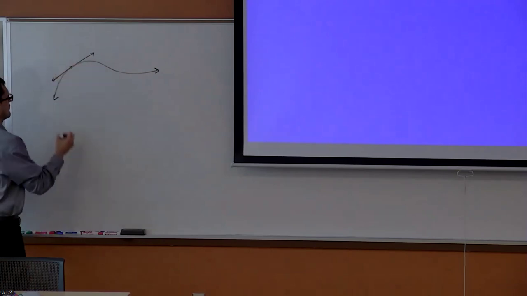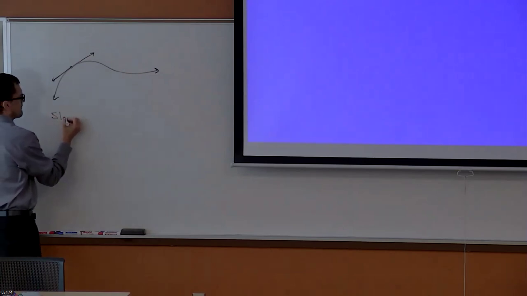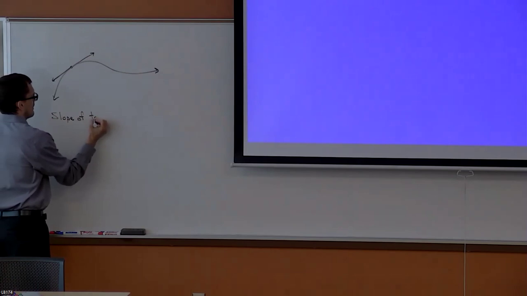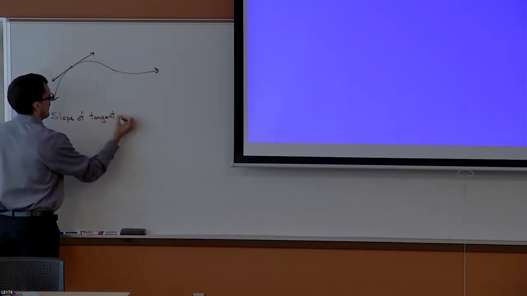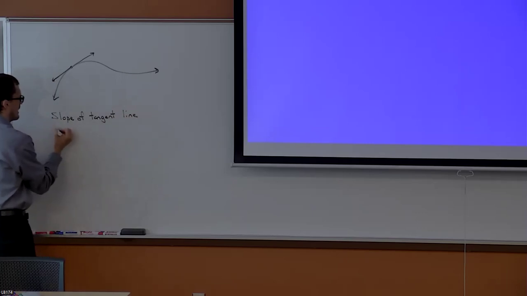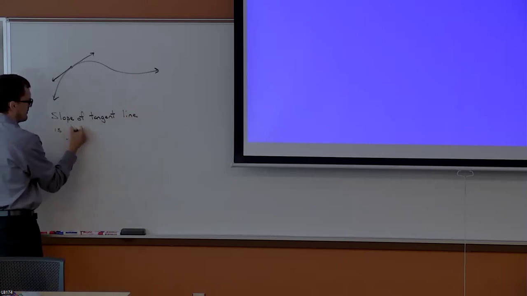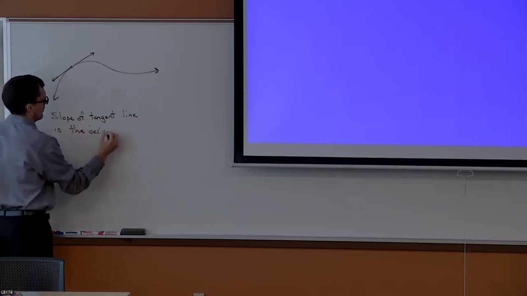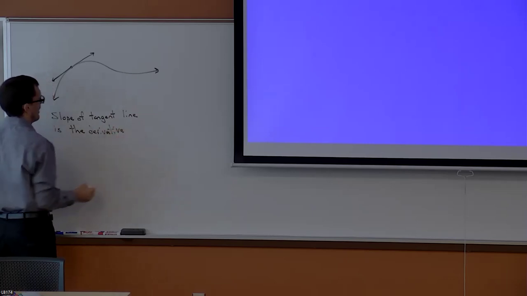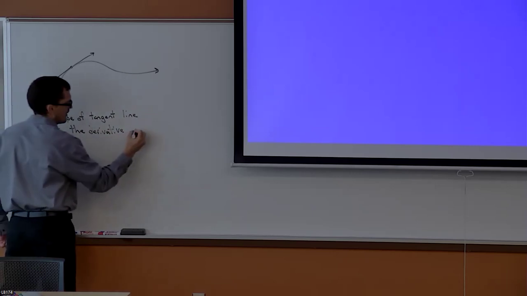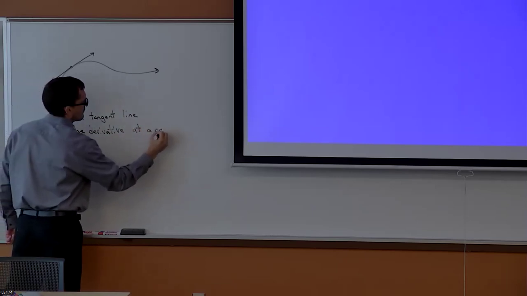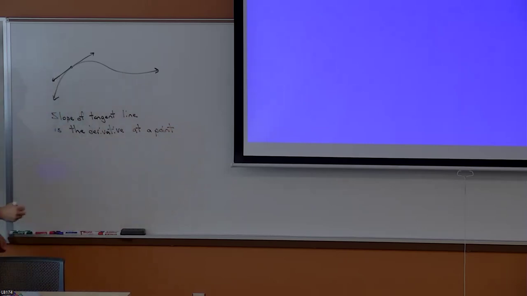So the slope of the tangent line is the derivative at whatever point we're at, the derivative of the function at that point.